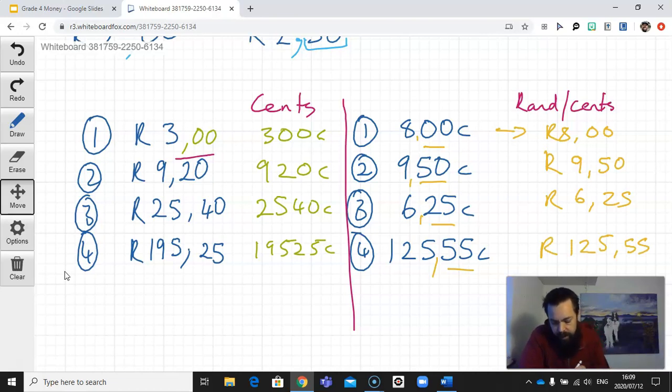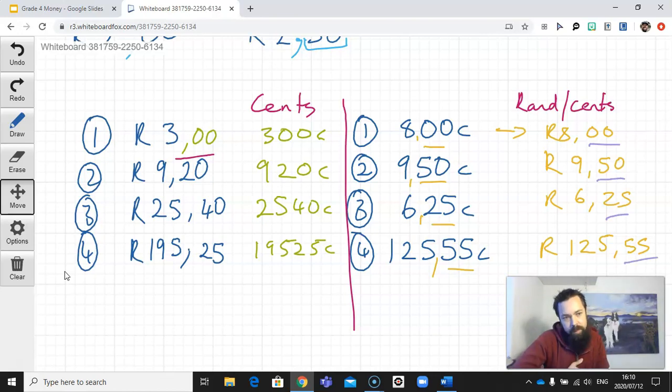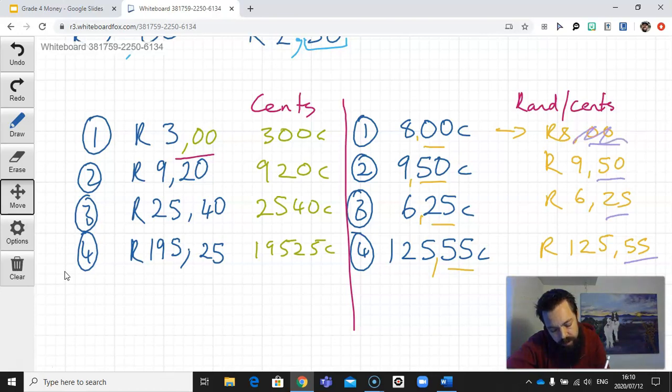If we look at this one here, where we've got a 0 on the end, if we're just looking at decimals, then it actually makes sense to just write 9,5. But because we're looking at cents, we always make sure that we've got 2 numbers after the comma. We must have both. And just incidentally, if for the first one you'd written just R8, then you would also be right. And I'd be impressed because you've been paying good attention.